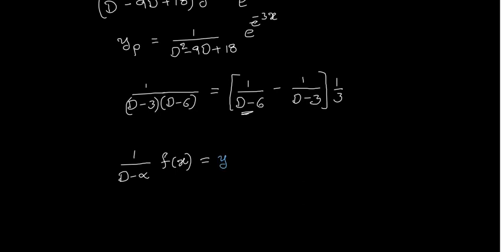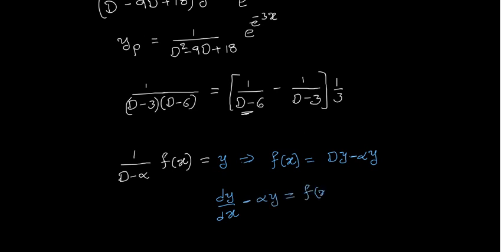If you assume that, this is the same as writing f of x equal to Dy minus alpha y. Now this is a first order differential equation, that is dy by dx minus alpha y equal to f of x.